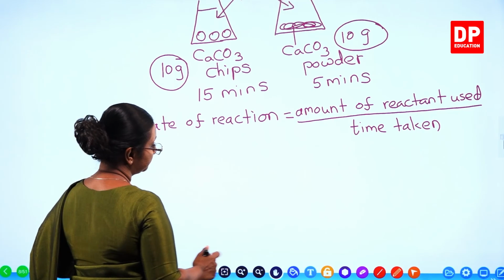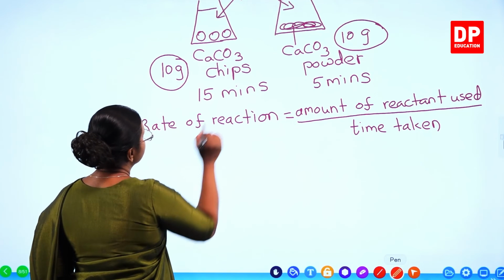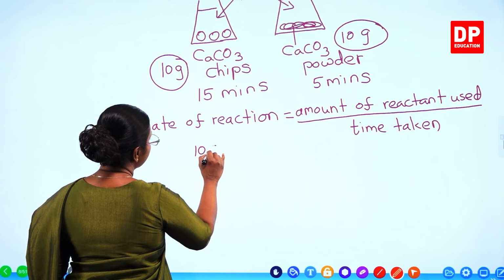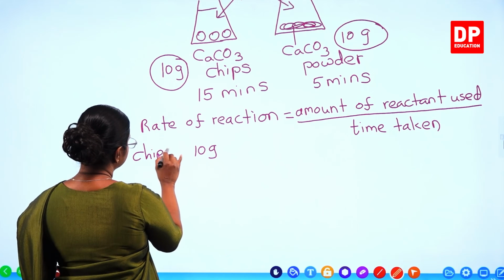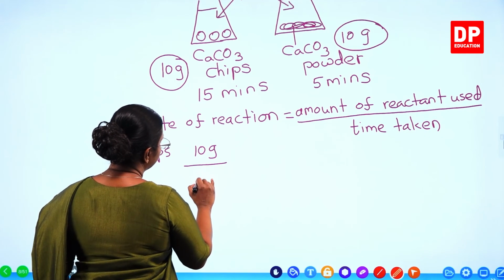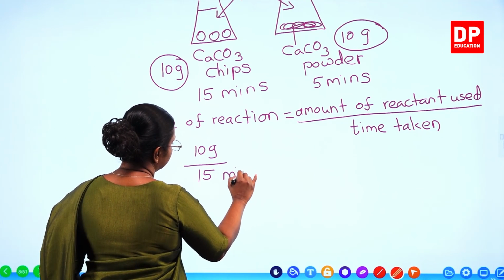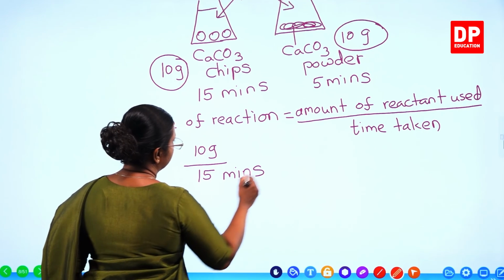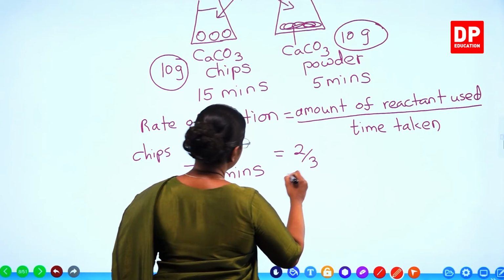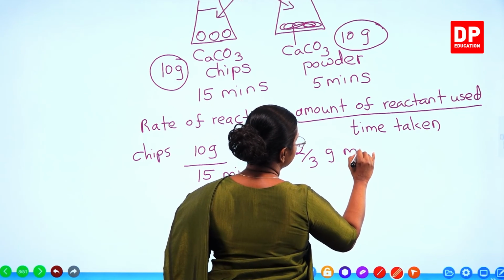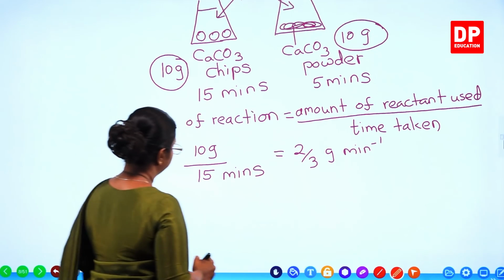So then, you can see here 10 grams of calcium carbonate, that is for chips, divided by 15 minutes. So there you can see 2/3 grams per minute.